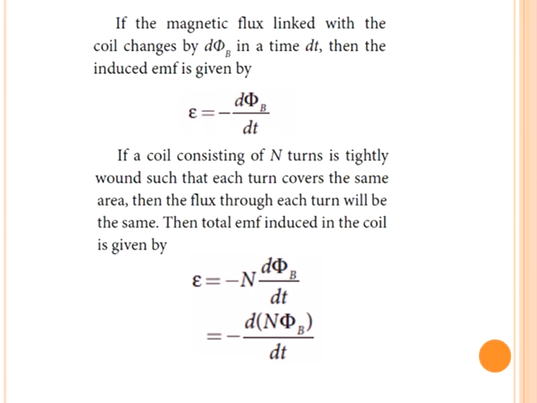And therefore E is equal to minus n times d phi by dt. Everything is fine. Why is this negative sign coming throughout? What does it indicate? d phi by dt is the magnitude of the induced EMF. n times d phi by dt is the total EMF induced in the coil. But what does this negative sign indicate? Let's see the answer.